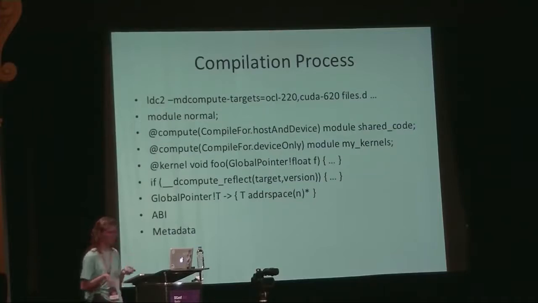The "if DCompute reflect" is an ugly hack that I wish I didn't have to have, but it or something like it is required, because for D, when we're targeting different things, we have static if, which for the front end produces a conditional AST effectively. This is kind of like a codegen time if, so that you don't end up generating intrinsics for things that you don't have.